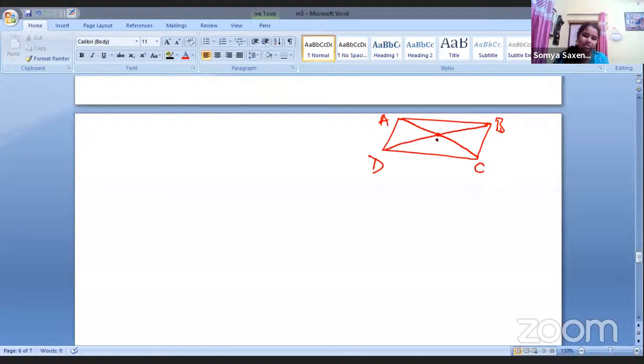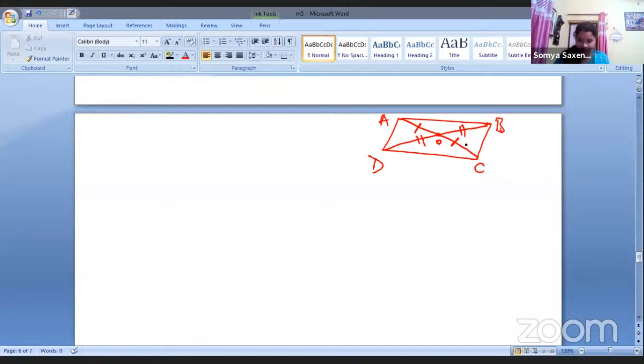Let us call this O. So AO and OC would be equal. Similarly, DO and OB would be equal, right? So this particular O is cutting the diagonals BD and AC into two equal parts, right?